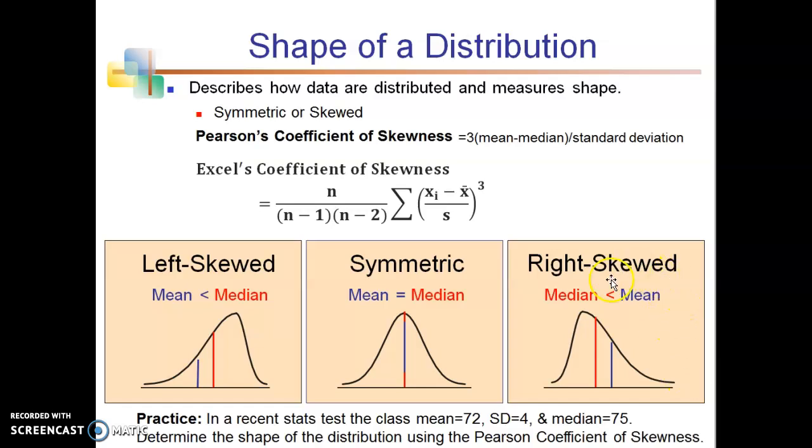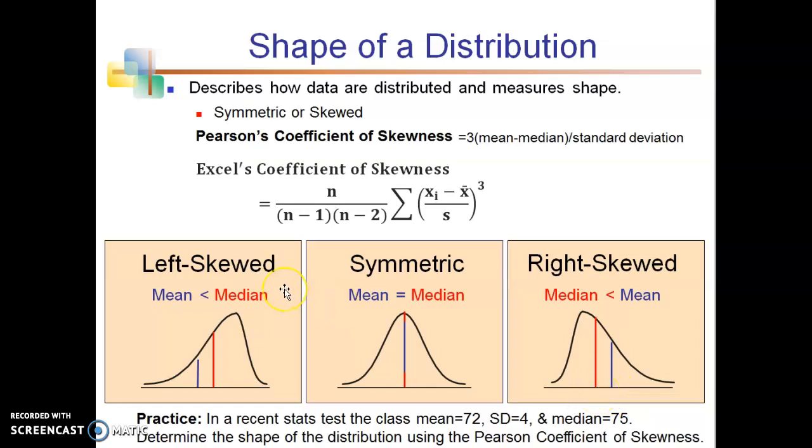Remember, the mean is sensitive to outliers. The median is not. So if you have outliers on the high end, it's going to start to pull that mean above the median. An example of a right skewed distribution might be income, because you have some people that have extraordinarily high incomes and that pulls the average income up above the median.